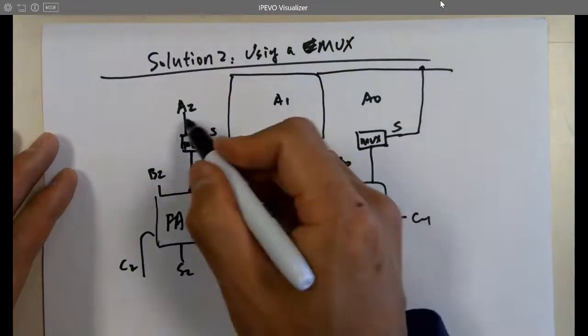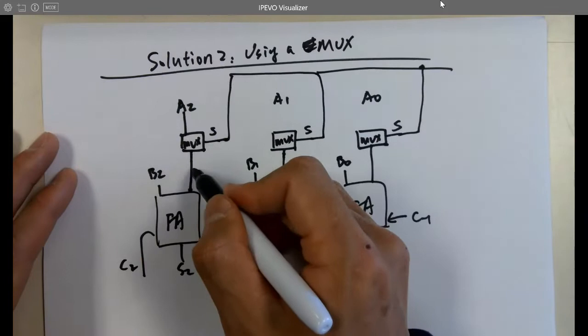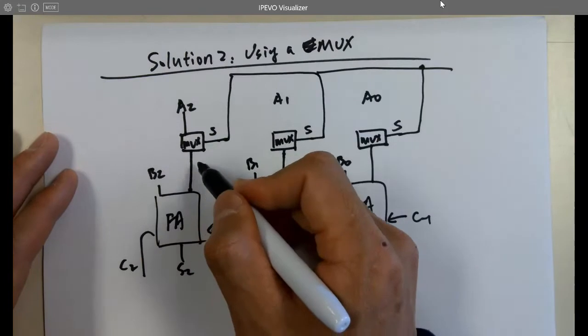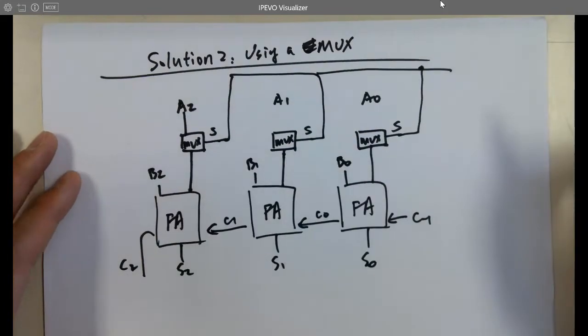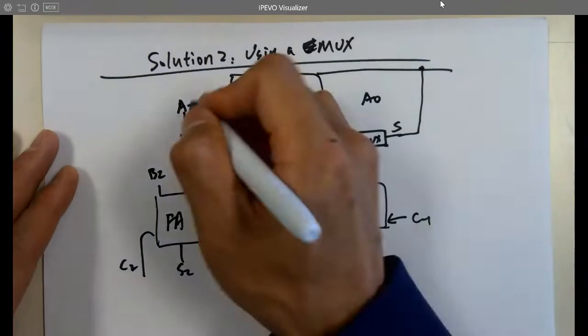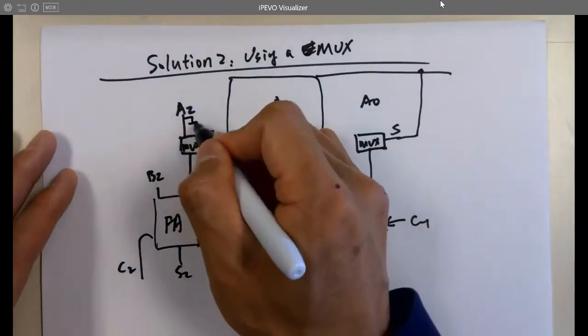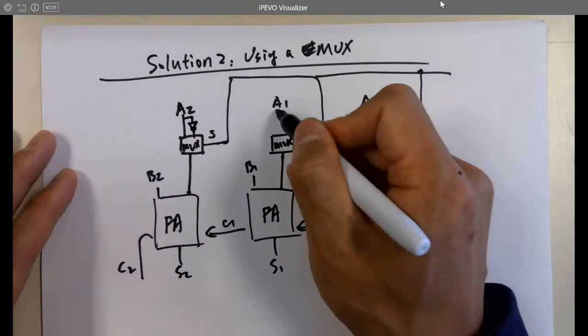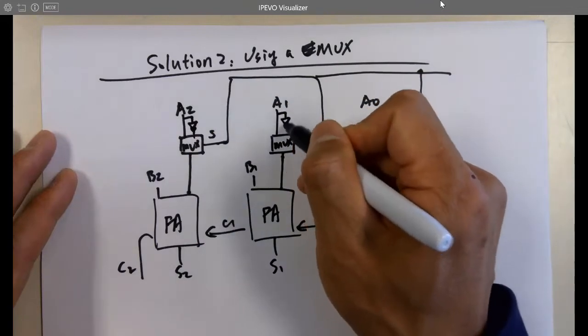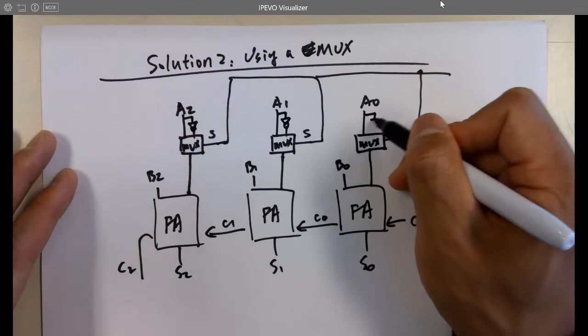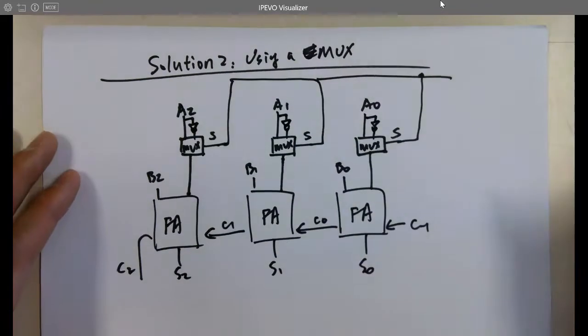So I can select which one to be sent to the output. What are the 2 inputs? How do you get A2 not? It seems way worse. Yeah, it's taking more space.